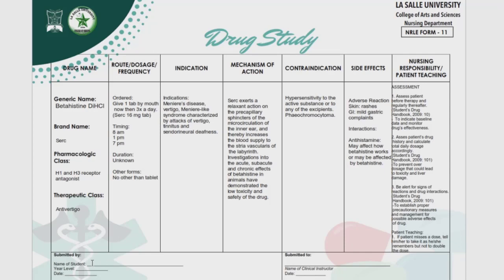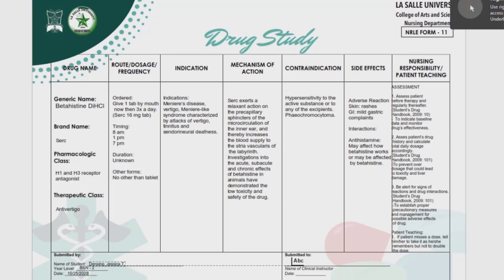And then we will put our name, and then our year level, for example BSN2, and the date kung kanus-a gihimo ang drug study, and then submitted to the clinical instructor, the name of the clinical instructor, and the date kung kanus-a siya i-submit.